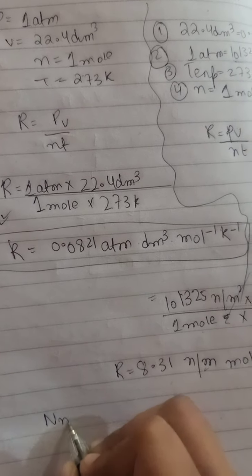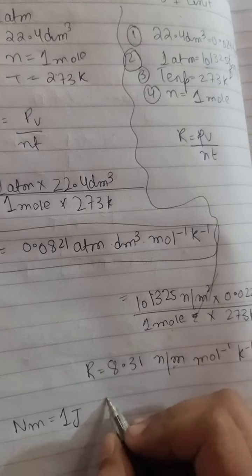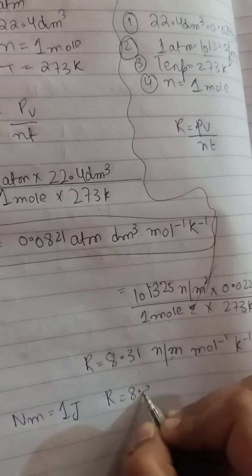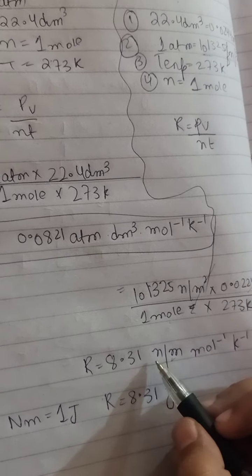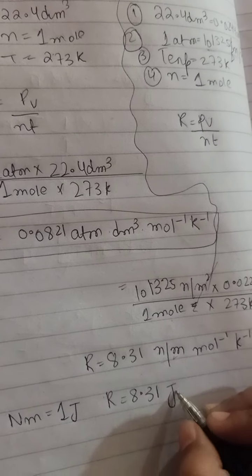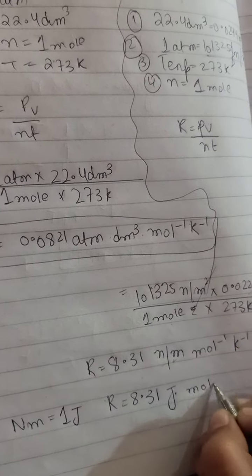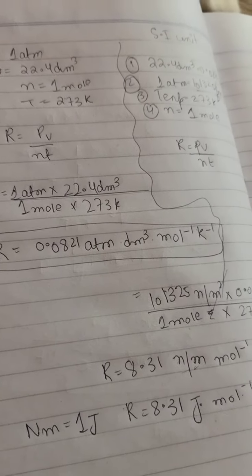And Newton meter is equal to 1 joule. So we can also write R is equal to 8.31 joule per mole per Kelvin.